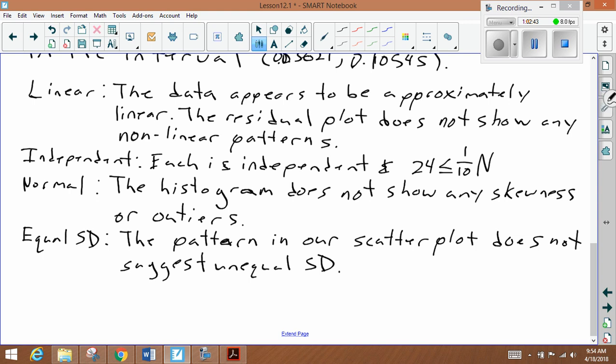And then random: the data comes from a random sample.